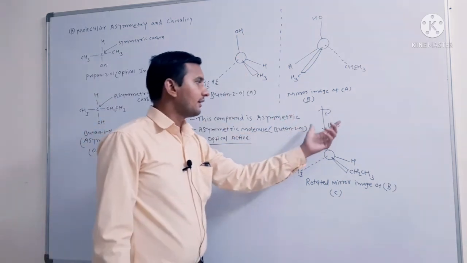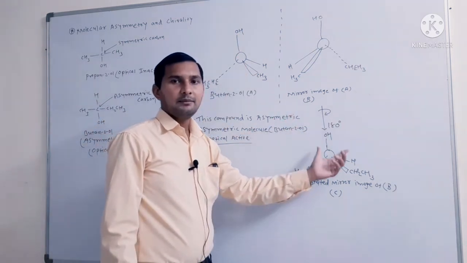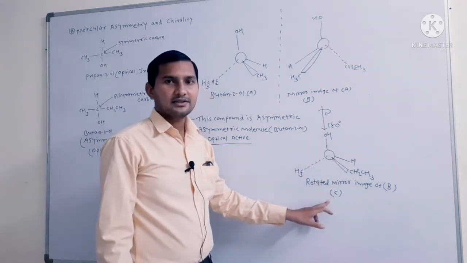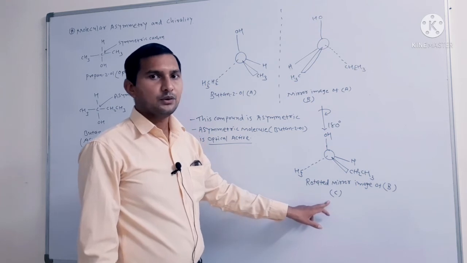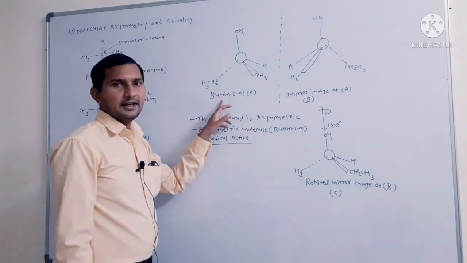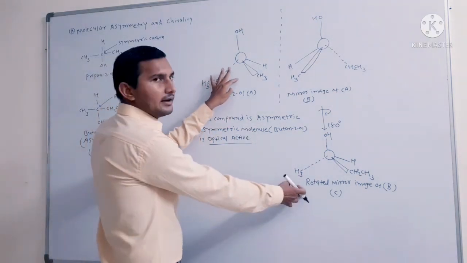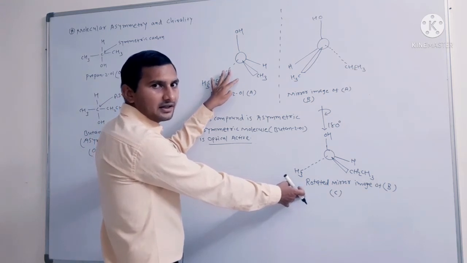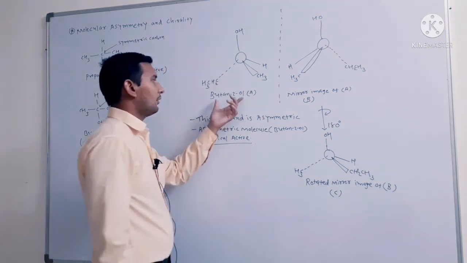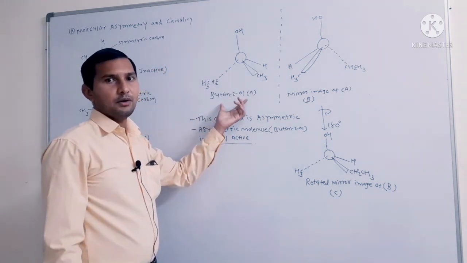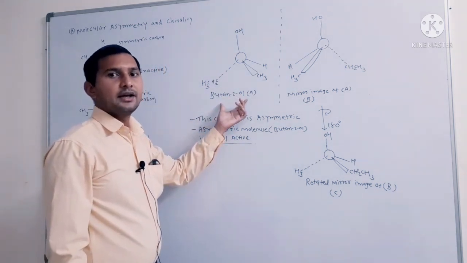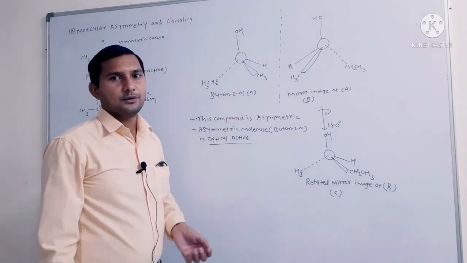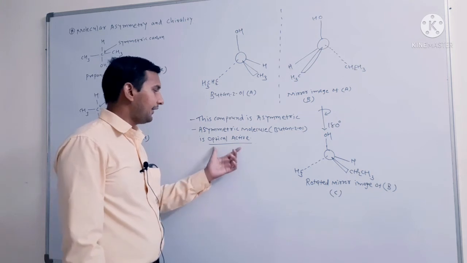If we take the mirror image which is rotated by 180 degrees, then the final structure C does not superimpose on structure A. So A and C do not overlap each other. So we can say an aqueous solution of this compound in a polarimeter gives either the dextro form or the levo form. So this is an optically active compound.